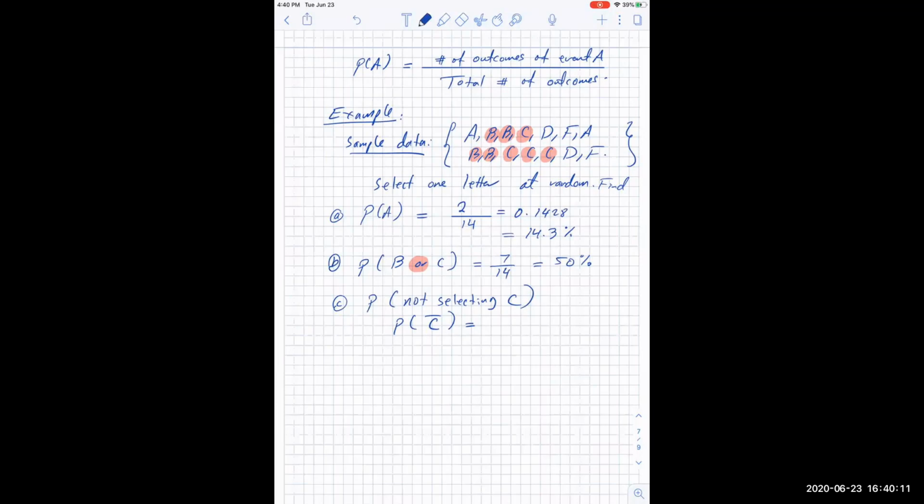Is it an 8? 3, 4, 5, 6. Oh, I apologize, guys, not 7. 3, 6, 8. Please correct that. I made a mistake here. And 8 over 14 is 57.1%.